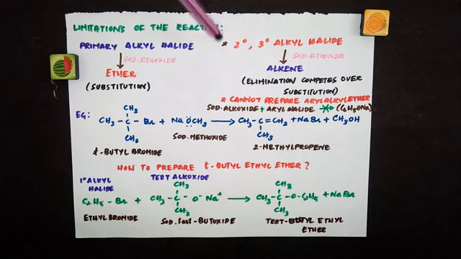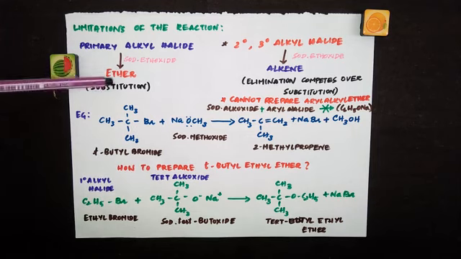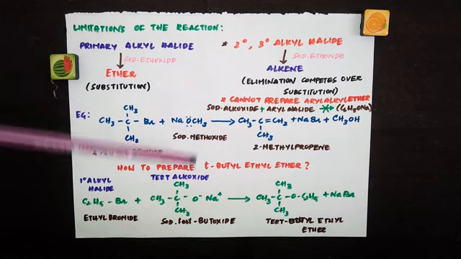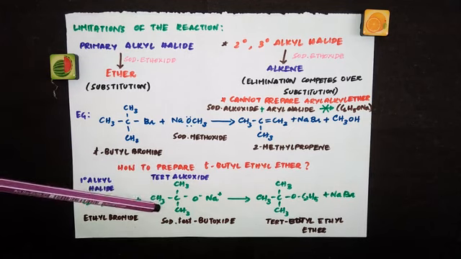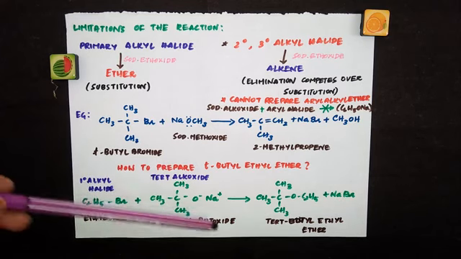Because every time I take a tertiary alkyl halide, I am going to get an eliminated product, not an ether. So in that case, what you're supposed to do is, you have to take an alkyl halide, don't change that, because only alkyl halides can give you ethers, and instead of sodium ethoxide, I'm going to take the tertiary alkoxide. So here I'm going to take sodium tertiary butoxide.